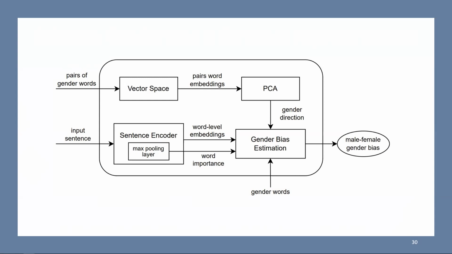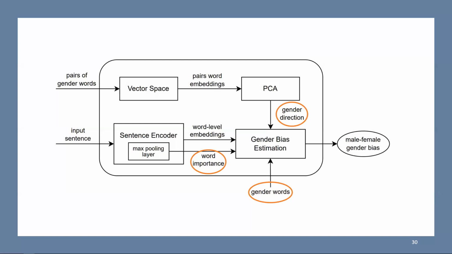So this is the general flow. These are the three main ingredients. We start from the input sentence. We have our sentence encoder, which always presents a pooling layer. It can be a max pooling layer or a mean pooling layer, which combines together the word level representations. So what we do is to keep the word level representations, and then from the pooling layer, we extract this semantic importance, which is based on the number of times that, specifically with max pooling, your encoder selects a certain embedding.